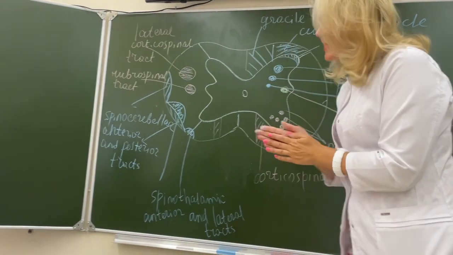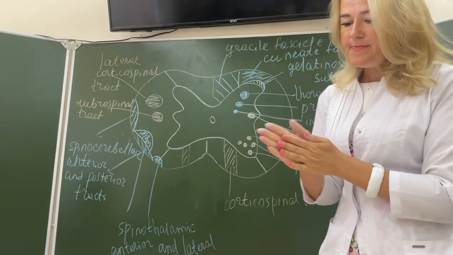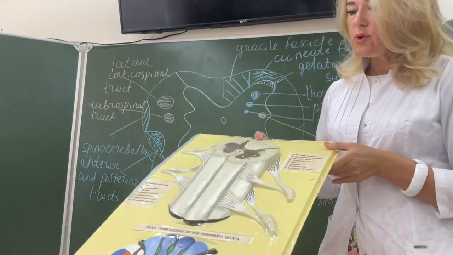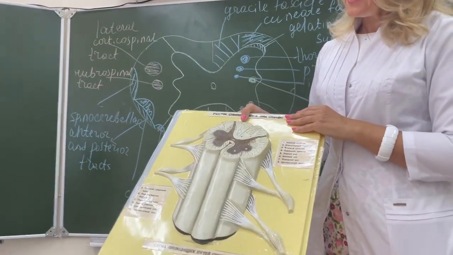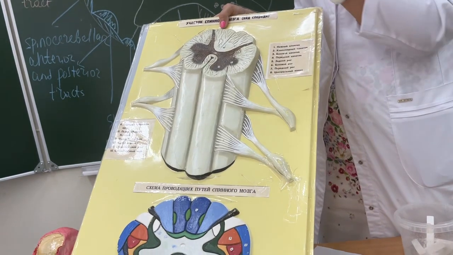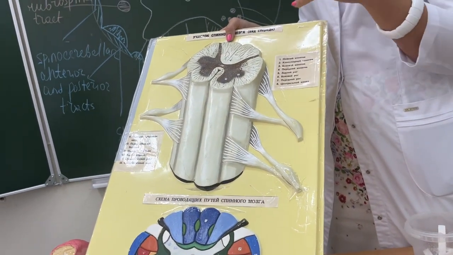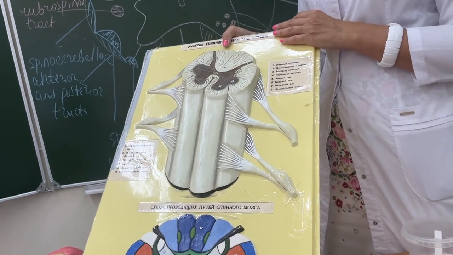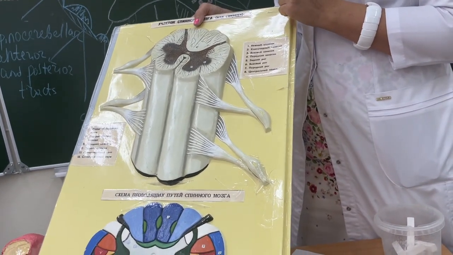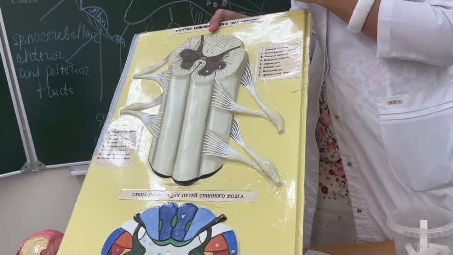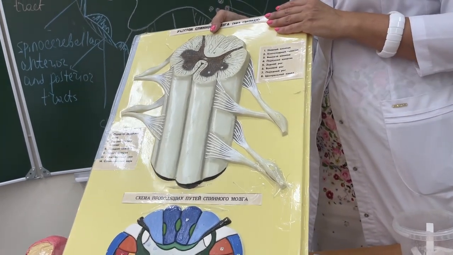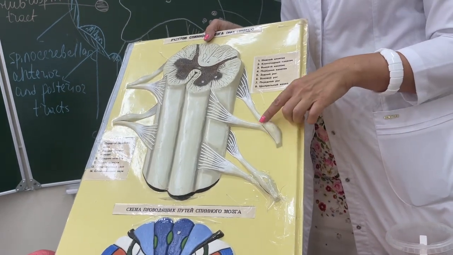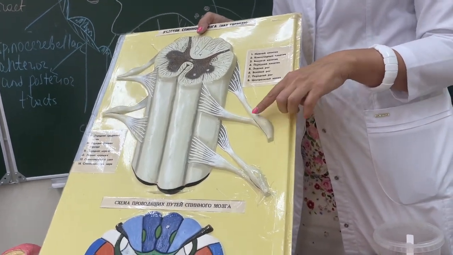The next, as we said before, the simplest chain of neurons which are directed to accept nervous impulses and to form the nervous response is called the reflex arch. Before we start to draw the reflex arch on the blackboard, we should notice this structure.